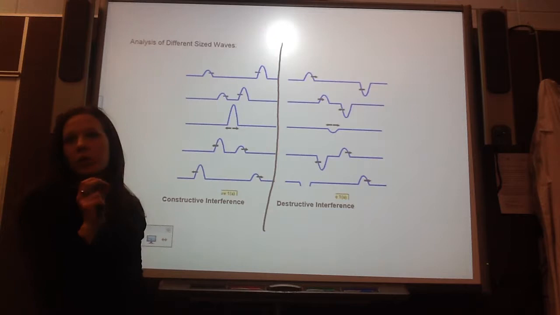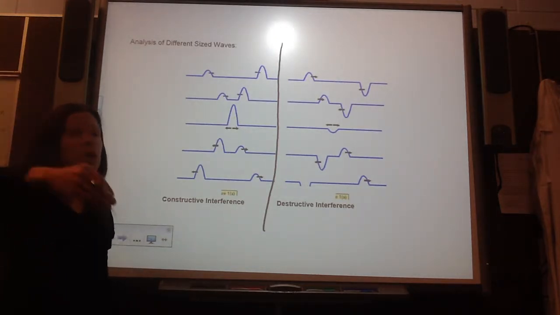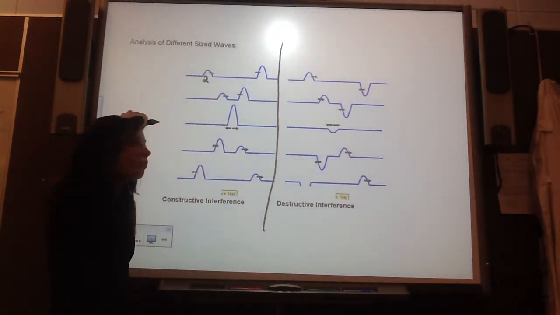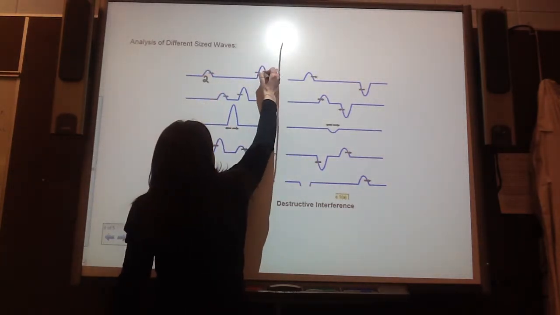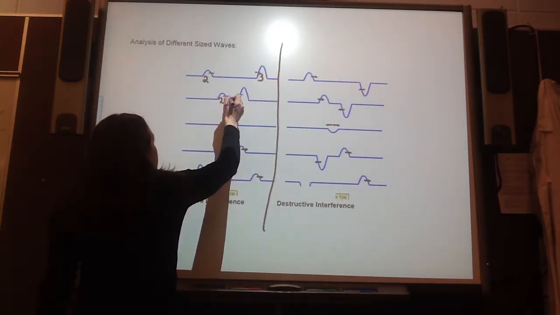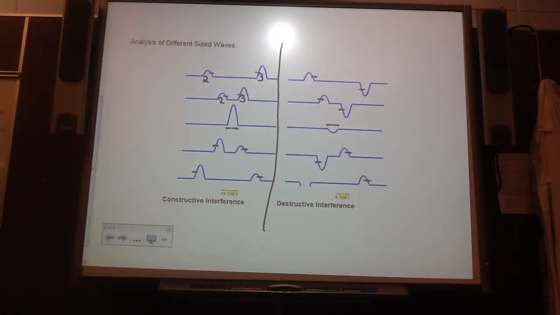Now let's give these waves actual numbers to signify their amplitude. So let's say this wave has an amplitude of 2. And this wave has an amplitude of 3. I'm going to write that in here too, 2 and 3. They're coming closer together. Now when they actually meet and produce that larger wave, what number can I attribute to that larger wave? 5.